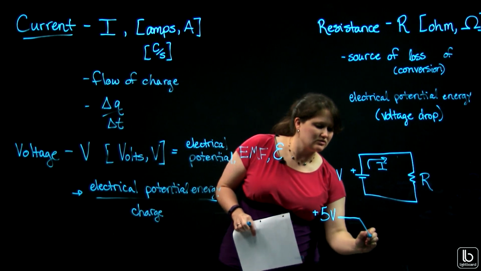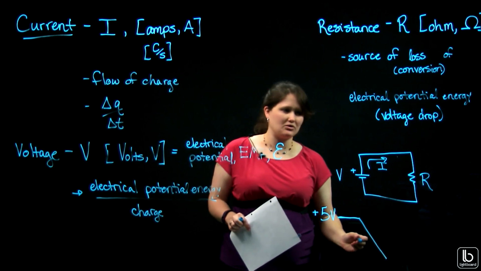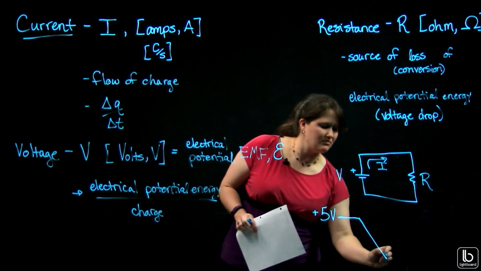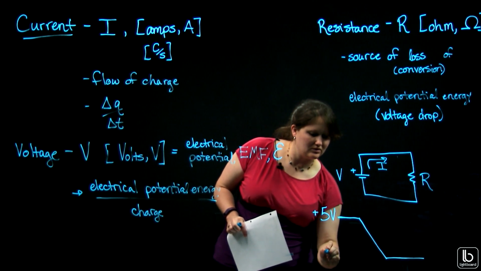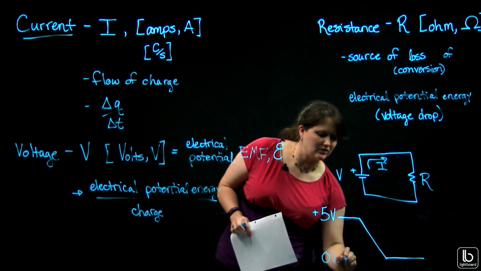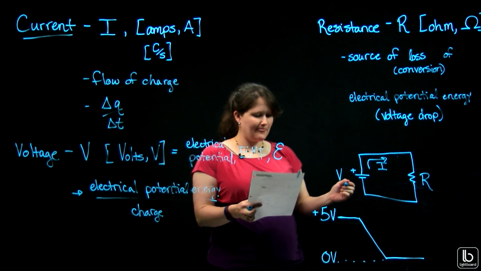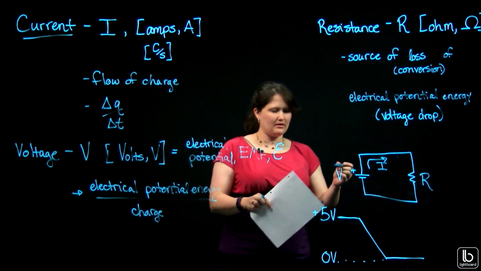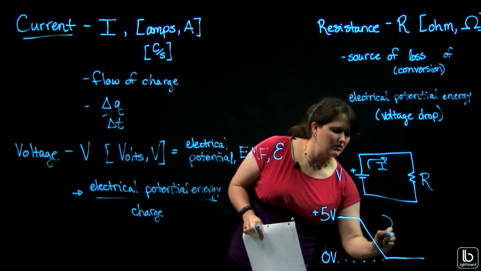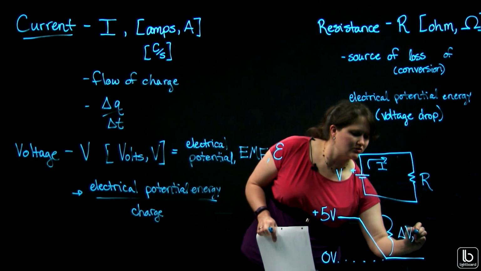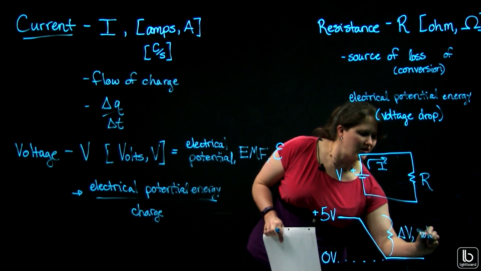And at that resistor, I get a voltage drop. And then after the resistor, now I'm down to 0. So we can write this as my change in voltage, or my voltage drop.